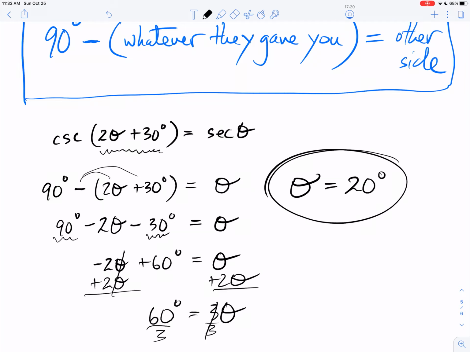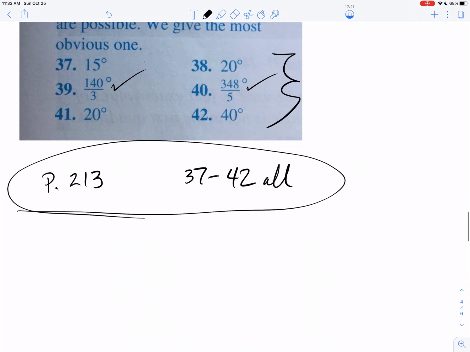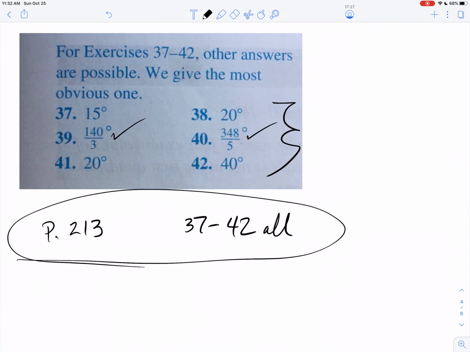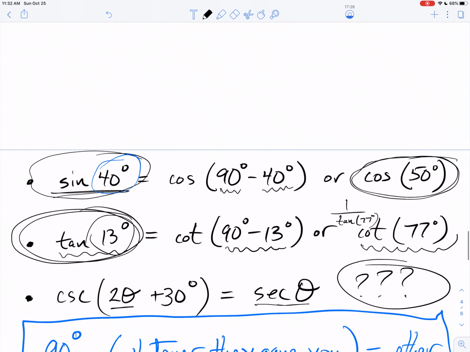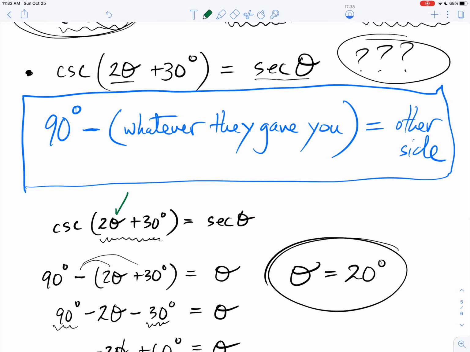That's my answer. Take a look at my answer key real quick one more time. All of the answers that you're going to find are going to be just different degree answers. So my answer turned out to be 20 degrees. Well, what does that mean? That means if I went back to the original problem and I put a 20 here, that would mean this gets replaced by a 20 also, because that's the answer I got. Well, 2 times 20 is 40, plus 30 more, that's 70.